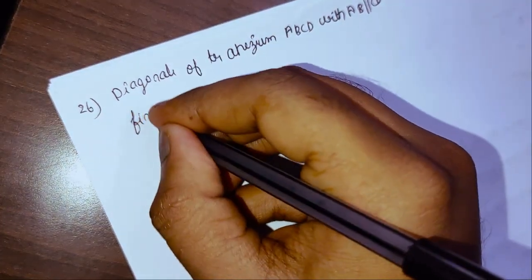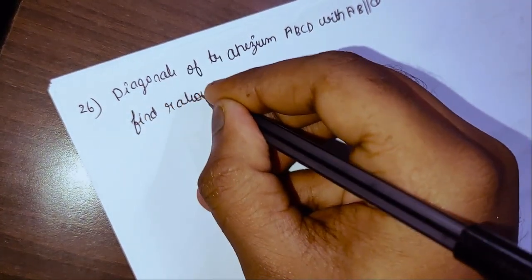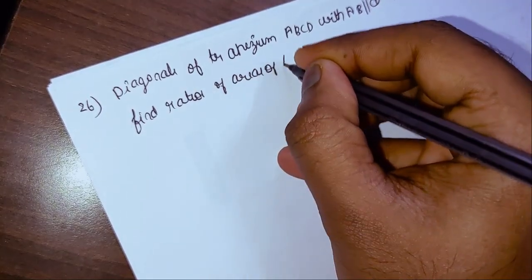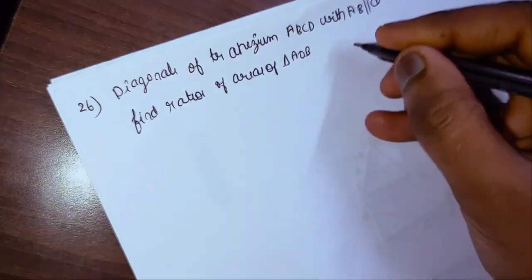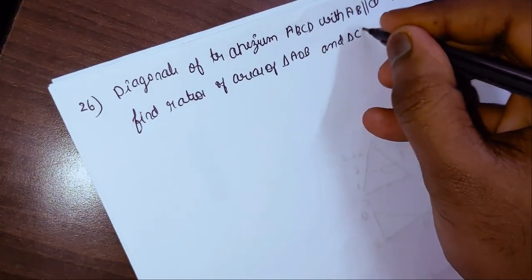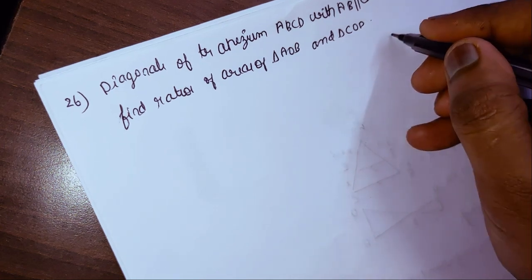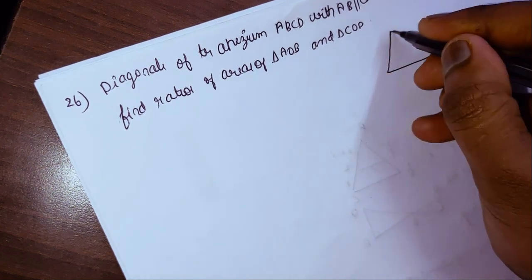Find the ratio of areas of triangle AOB and triangle COD. We will draw the trapezium.